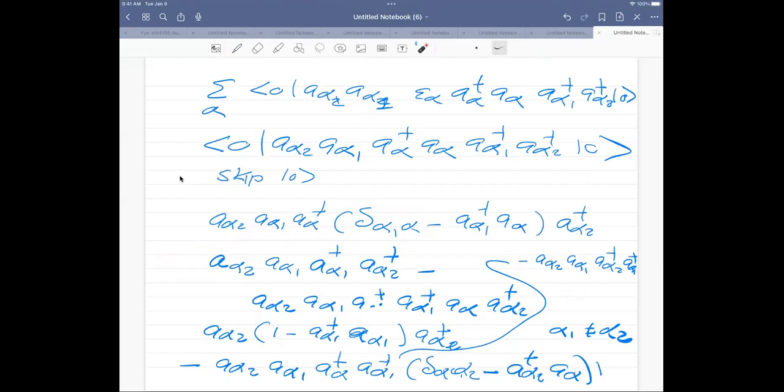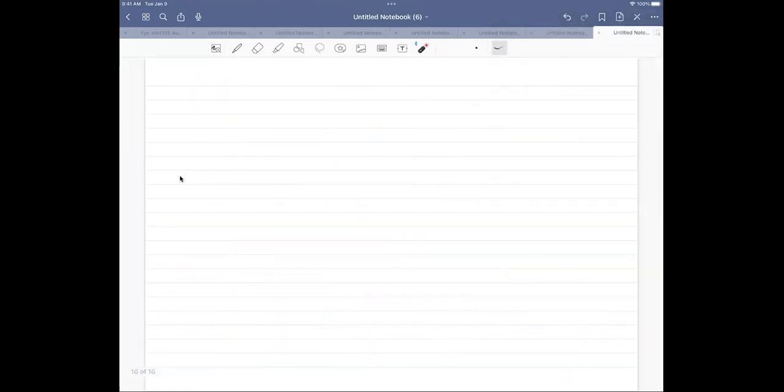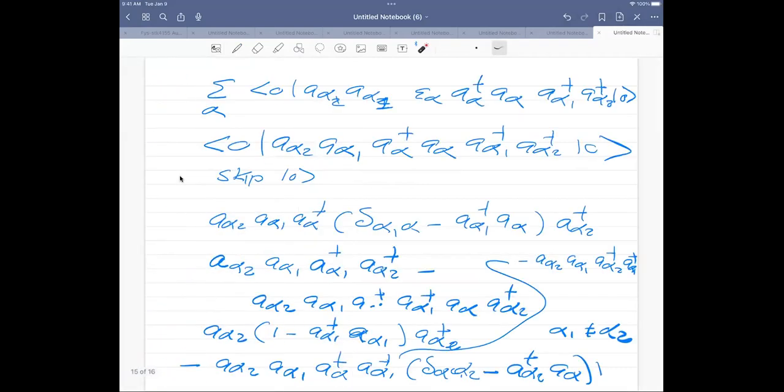And then when we manipulate these expressions, if we now continue, so let's do that. Let's write down, and now I need to remind myself of what it looks like. So we have that one.